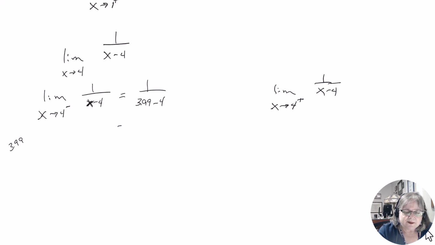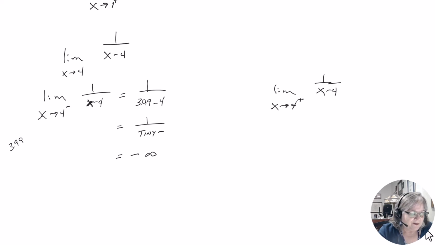Okay, so this is 1 over, and I don't actually have to do the math. I just know this is a tiny negative number and a positive number, 1, divided by a tiny negative number that's getting more and more tiny negative as we get closer and closer and closer, is a huge number in the negative direction.